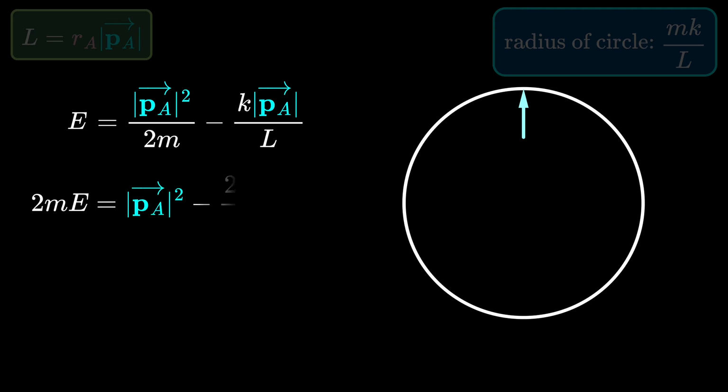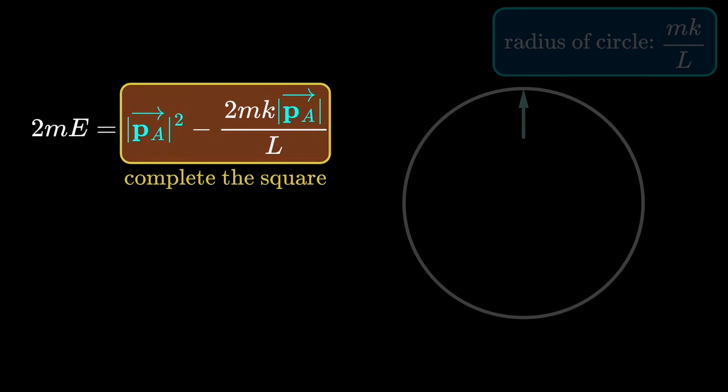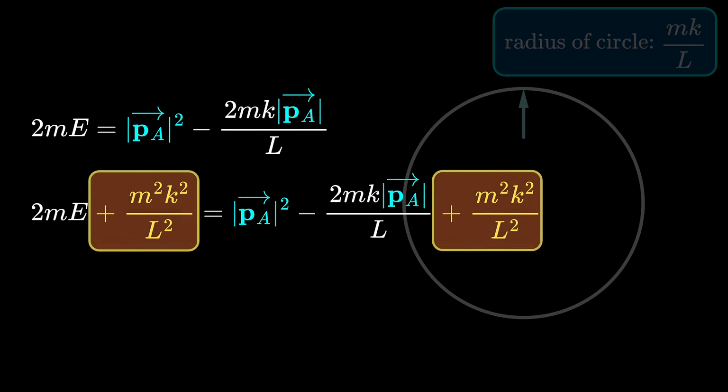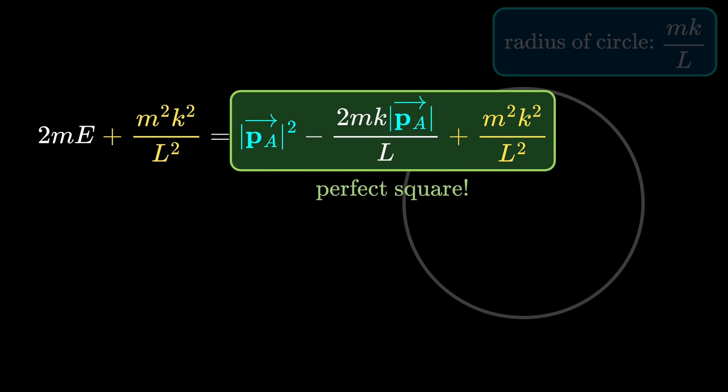The next step is to multiply both sides by 2m, and then complete the square on the right-hand side. This can be achieved by adding the term m squared k squared over L squared on both sides, because then the right-hand side is a perfect square.